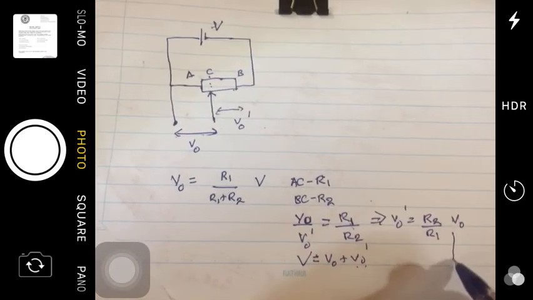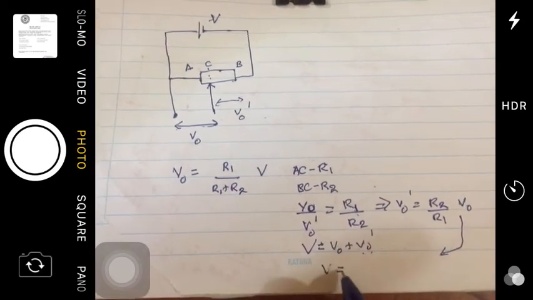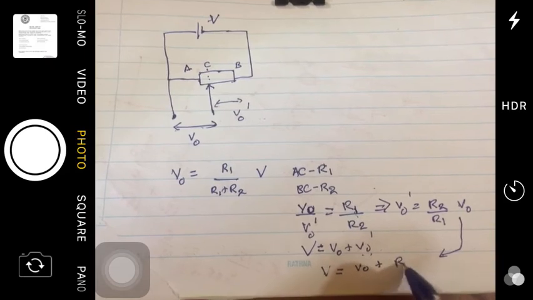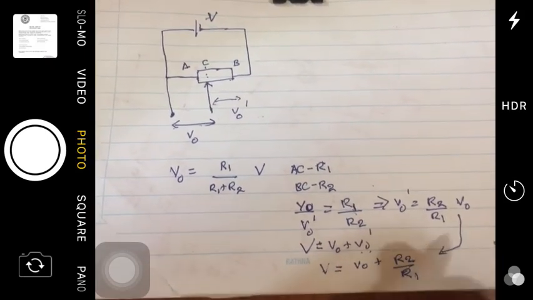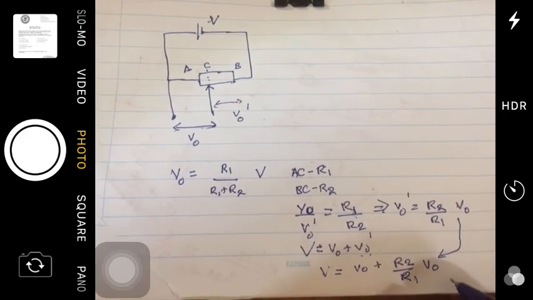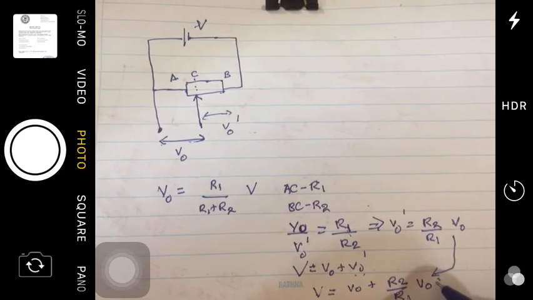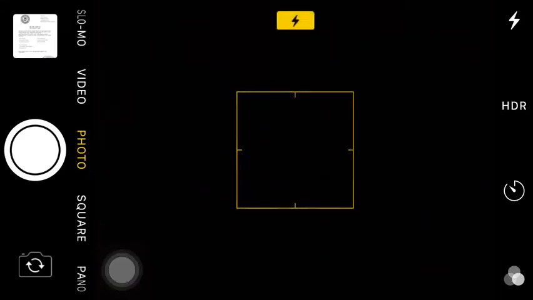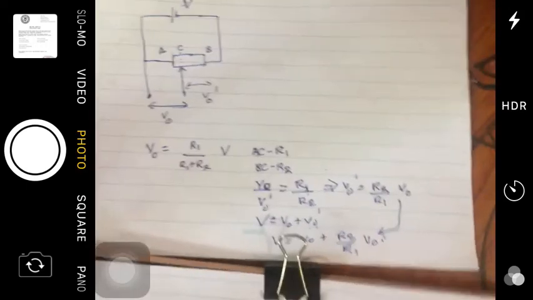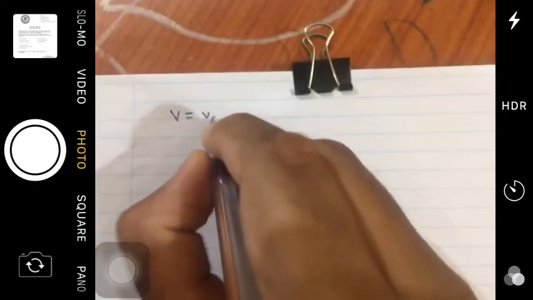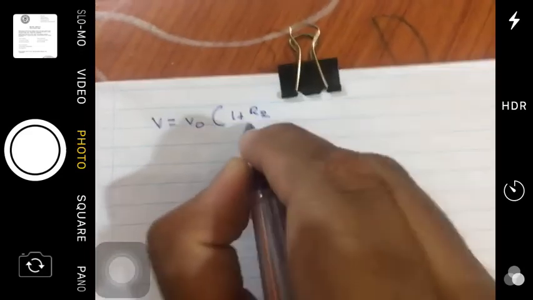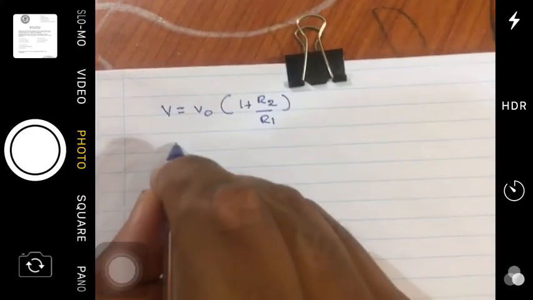So if you bring that here and substitute, V would be equal to V naught plus R2 over R1 times V naught, and if you take the V naught common, what you will have is V equals V naught taken common would have 1 plus R2 over R1.